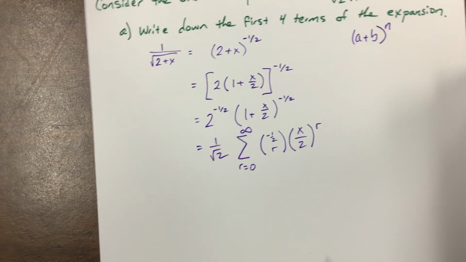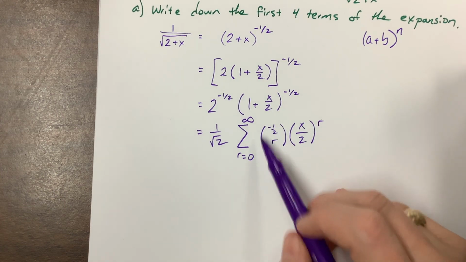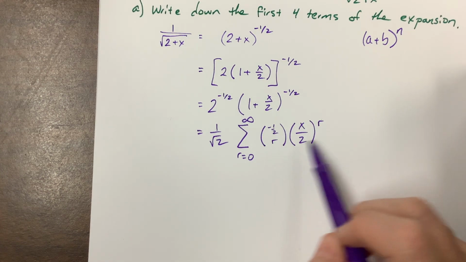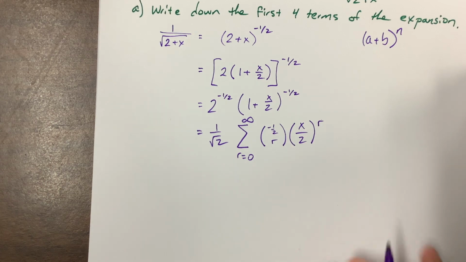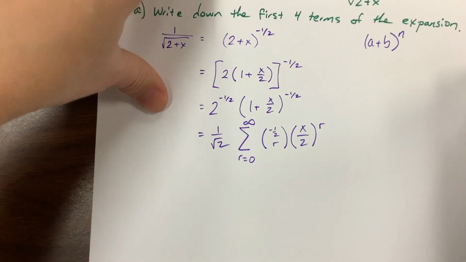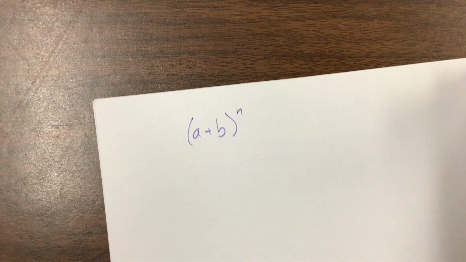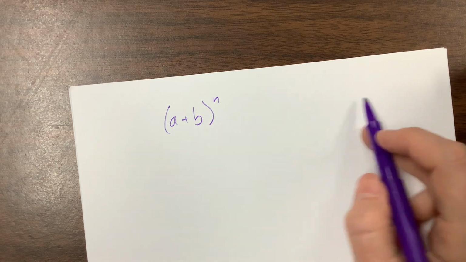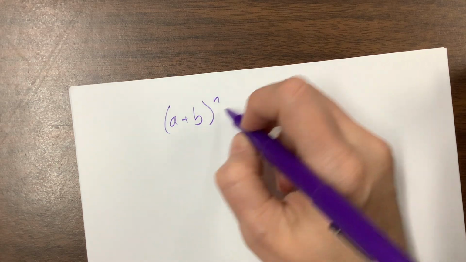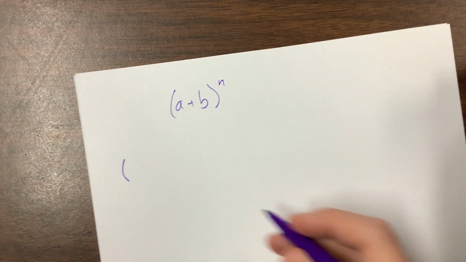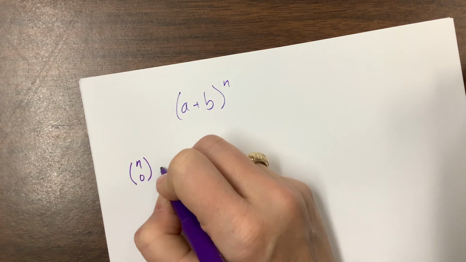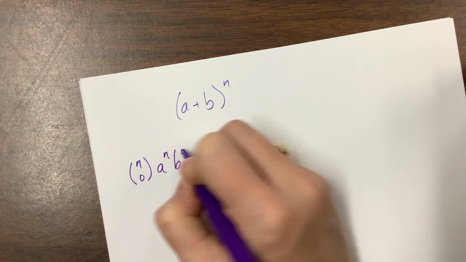Okay, so when I'm expanding everything, I've got a combination, so let's back up and make sure we know where all that comes from. If I'm just doing a plus b to the n, what I've got here is a particular row of Pascal's triangle. So the first term would be n choose 0 times a to the n times b to the 0.